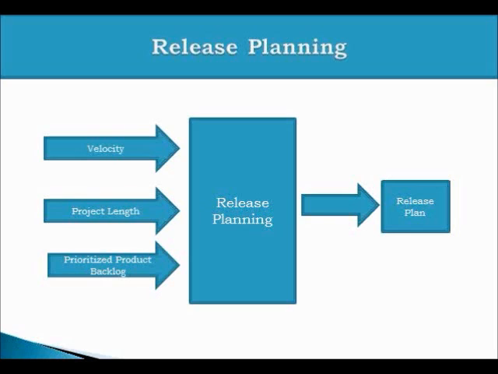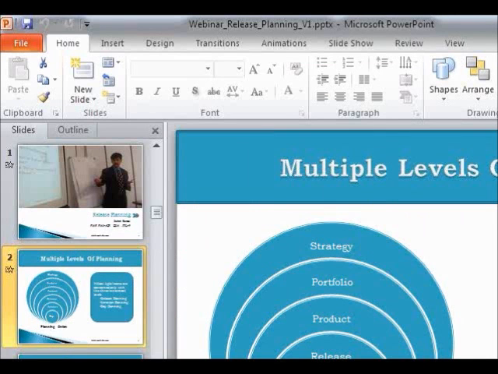So first you may need to identify your iteration length. On the basis of your team and iteration length, you need to estimate a velocity of your team. You need to identify what would be your project length, and you need to have a prioritized product backlog. Once you have these three, you apply tools like story mapping, prioritization, identify the minimum marketable features, identify the number of iterations needed.